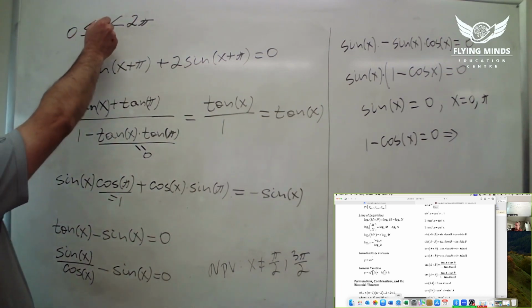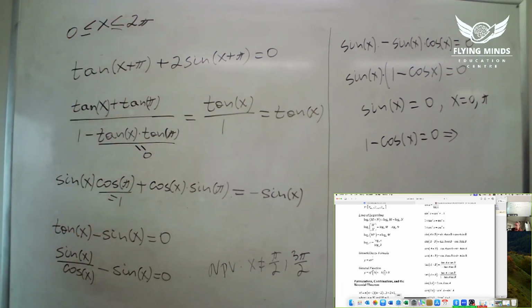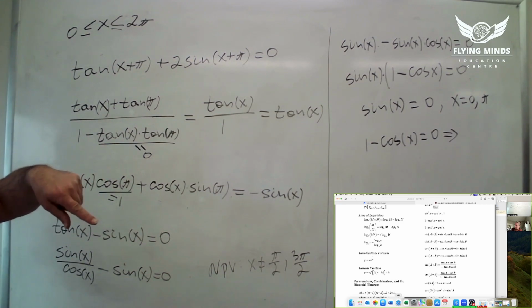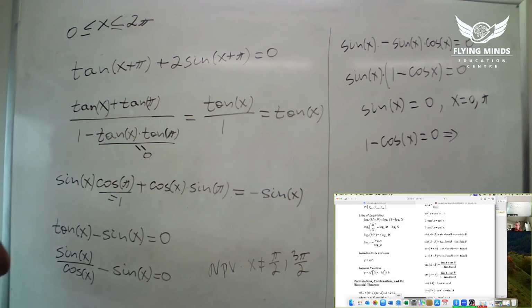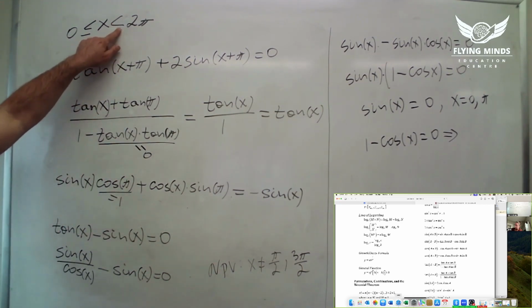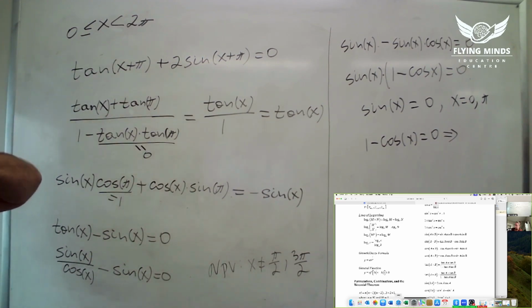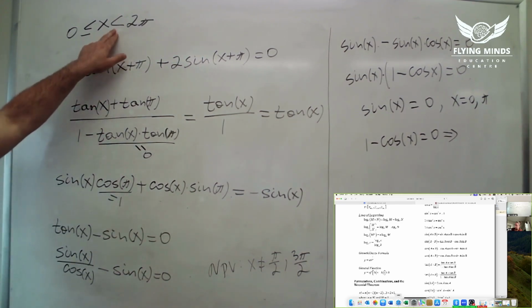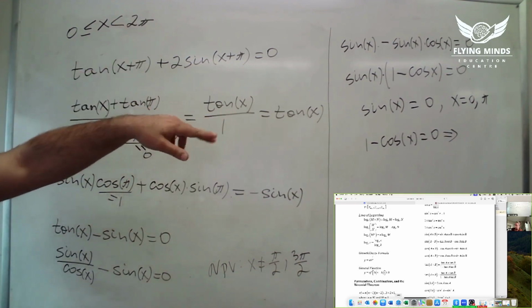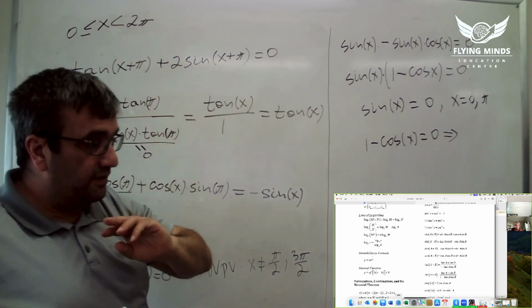If we would have less or equal here, then we should include 2 pi as well. But because it's strictly less, 2 pi is not included. Okay, I get it now.